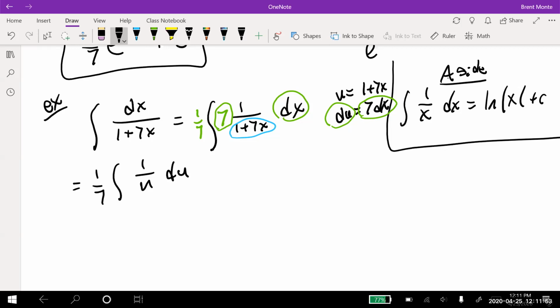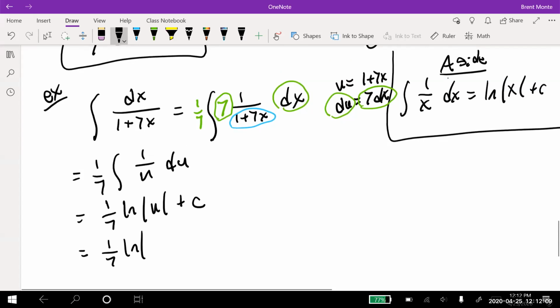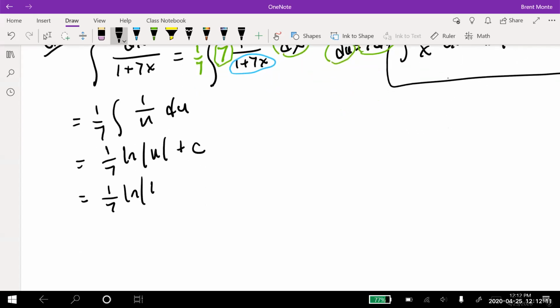And again, now I can integrate. I get 1/7. 1 over u becomes the ln of the absolute value of u plus c. Or resubstituting, ln of 1 plus 7x plus c.